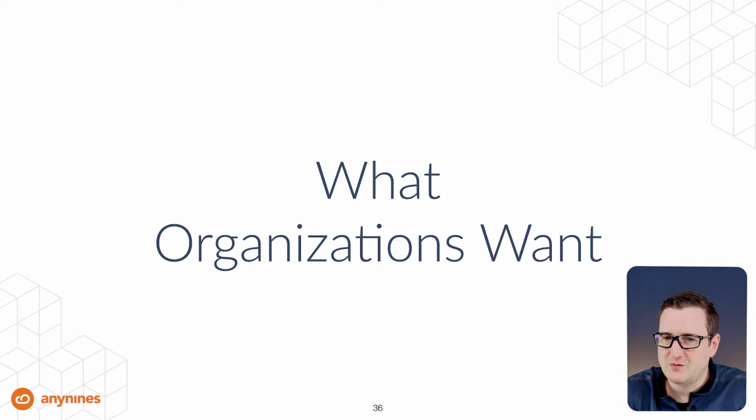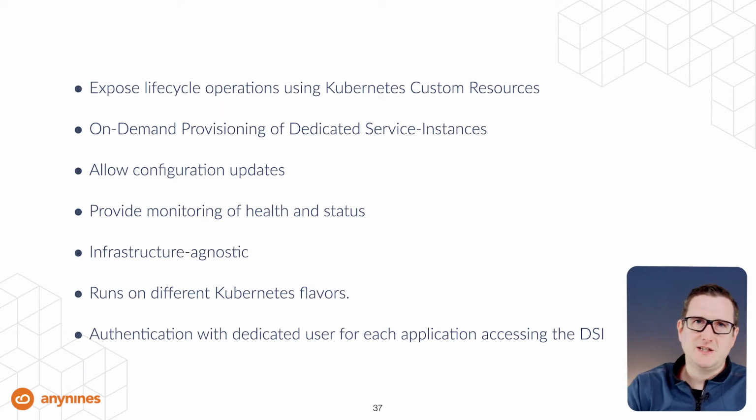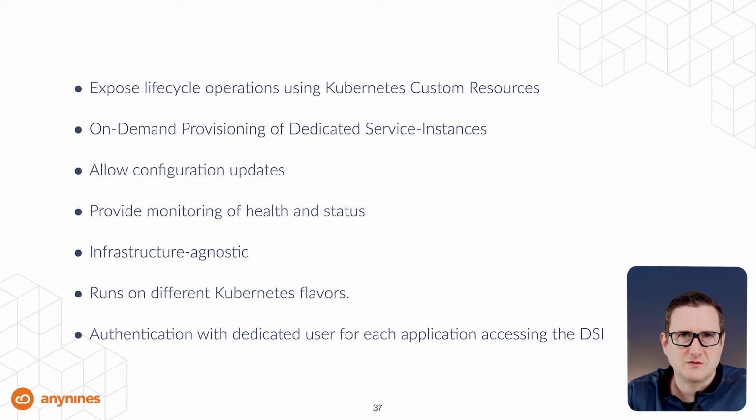So what does the average organization want? Now, the list I'm presenting here is compiled from interviewing large organizations. They often have thousands of employees, and you will see that if you have a small startup, let's say, your priorities could deviate. So exposing the lifecycle using custom resources is idiomatic in Kubernetes, and I think that's a common sense kind of statement.